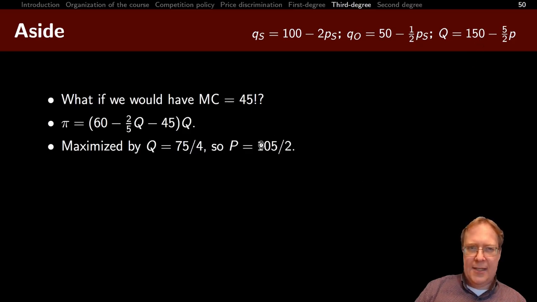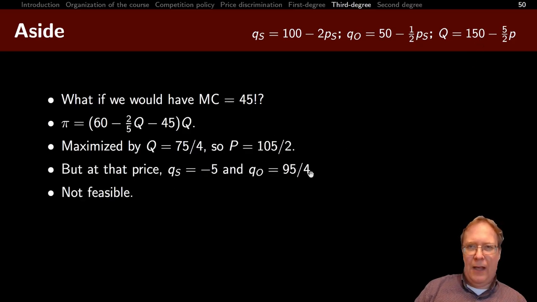I get this price. But at that price, if I plug it again into the individual demand functions of the two groups, I would get a QO of the other citizens of 95 over 4, but a QS of -5. And of course, that doesn't make sense. In other words, that's not feasible.